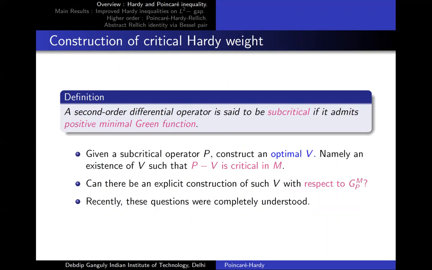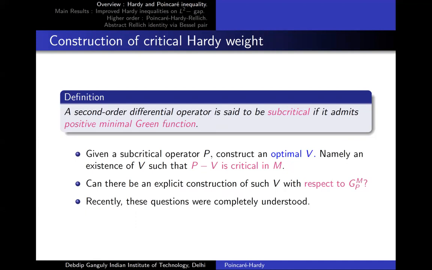Example: you just take the Laplacian in R^n, n greater than or equal to 3. What is the Green's function? The Green's function is, up to a constant, |x minus y| to the power 2 minus n. This is a positive minimal Green function. Now come to n equal to 2. In n equal to 2, what is the Green function? It is log of |x minus y|, which changes sign.